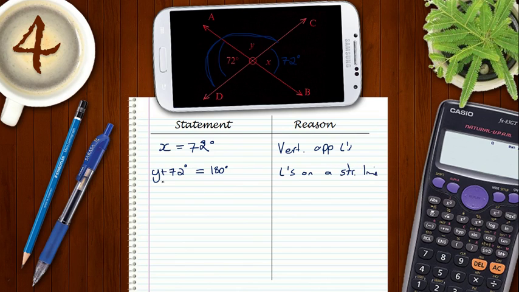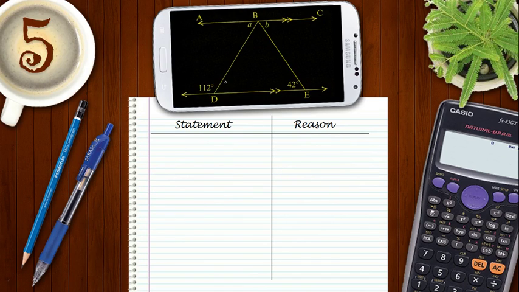And then we solve for y. Taking the constant to the other side and changing the sign, y is equal to 180 minus 72 degrees, and that will be equal to 108 degrees.